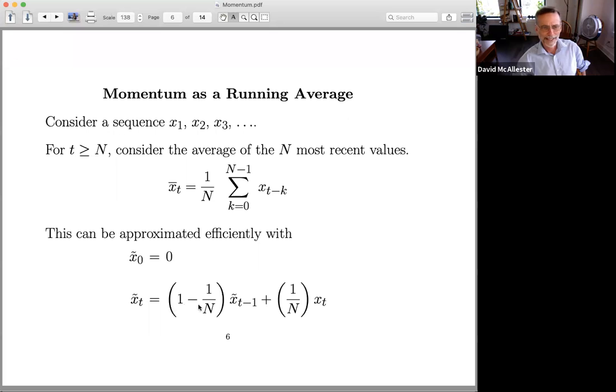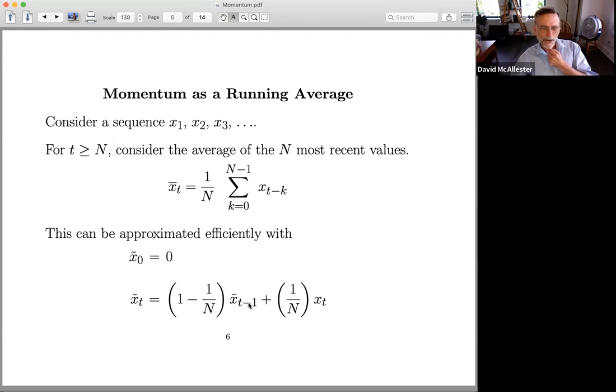So this is t and this is t minus 1. The next value is 1 minus 1 over n times the previous value plus 1 over n times the next value. So this is a convex combination. It's always maintaining that the average of this is the same as the average of these values.